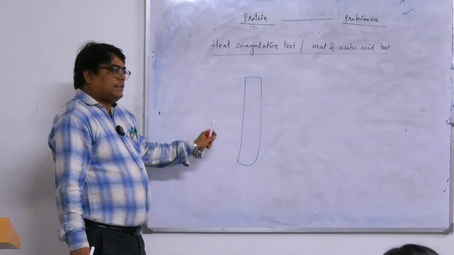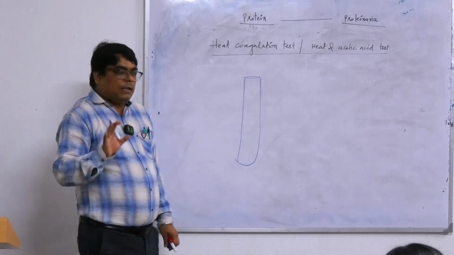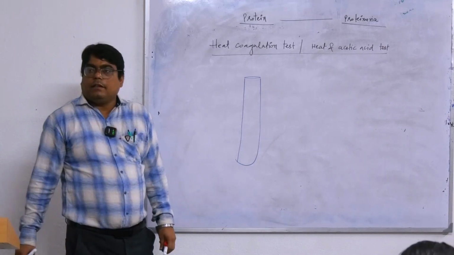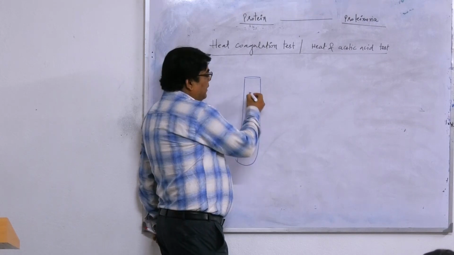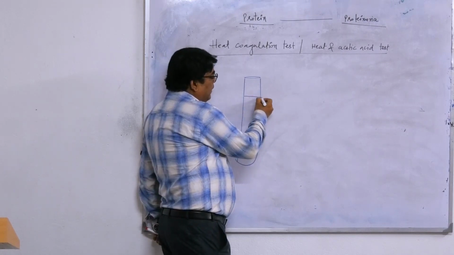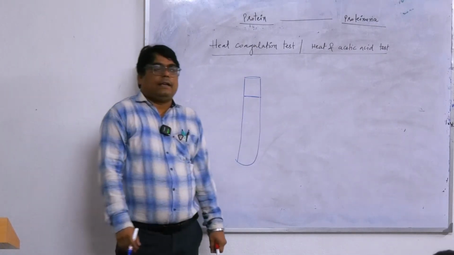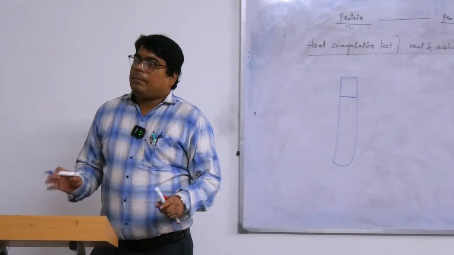We take a single empty test tube. Don't write, I will tell you. मैं बताऊंगा, लिखवाऊंगा भाई क्या तरीका है लिखने का, वो बाद में बताएंगे. एक टेस्ट ट्यूब हमने लिया. टेस्ट ट्यूब में हमने क्या लिया? इसका फिलिंग 2/3 of the test tube. That means up to 10 ml we will take the sample. We don't know whether there is presence of protein, may be present or may not be present.